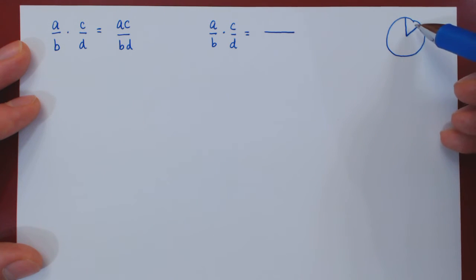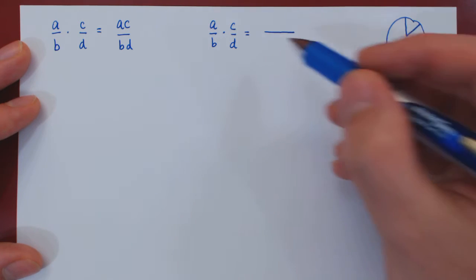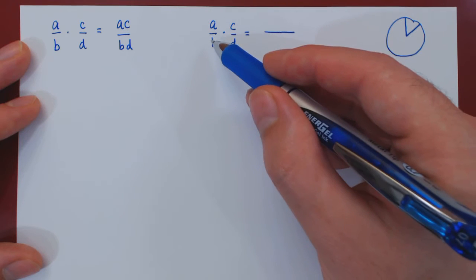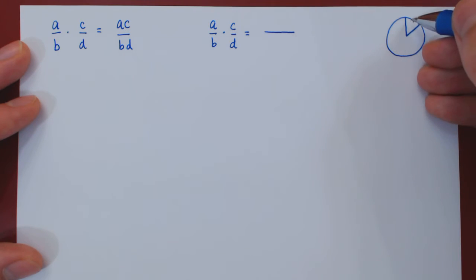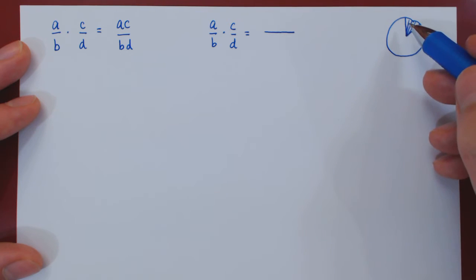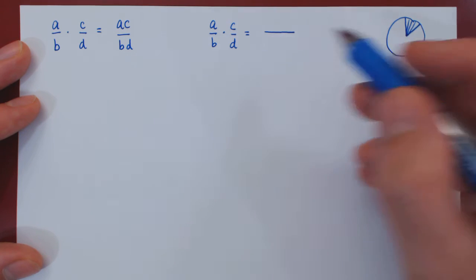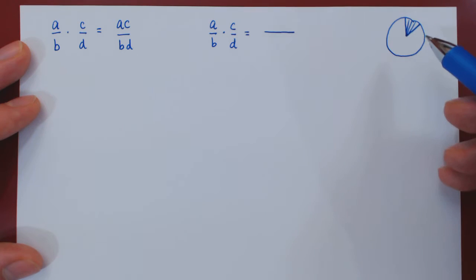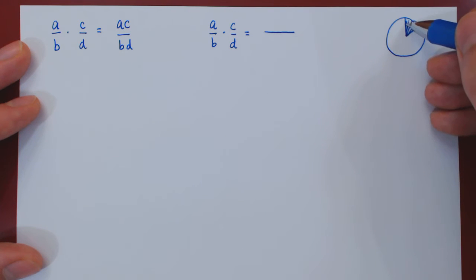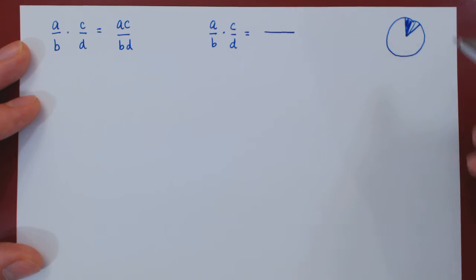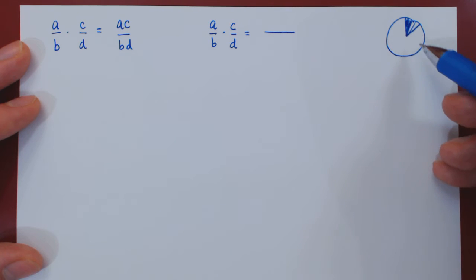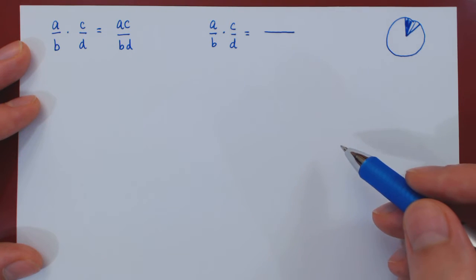So considering one part from the original fraction, we must divide this part into b parts of equal size, and out of those b new parts, we take a of them.